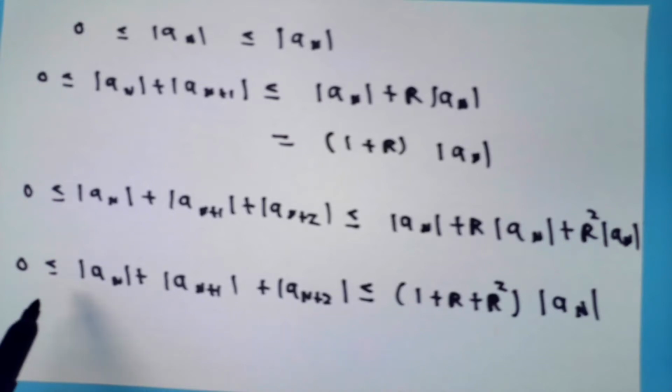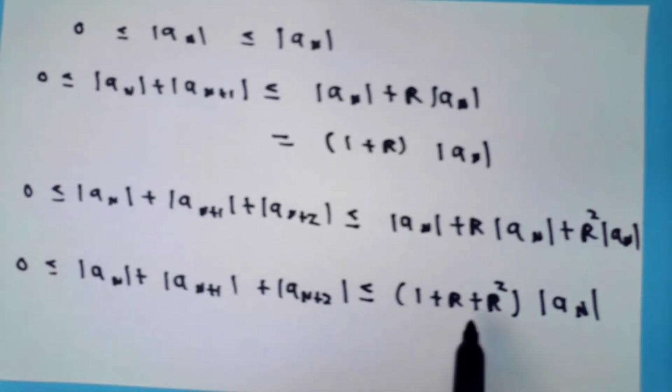Zero is less than or equal to the sum of the first 3 terms in my new series, which is no bigger than 1 plus R plus R squared times absolute A_N. Obviously, if you had more terms, you would have 1 plus R plus R squared plus R cubed times A_N, and 1 plus R plus R squared plus R cubed plus R to the 4th times A_N, and so on and so forth.